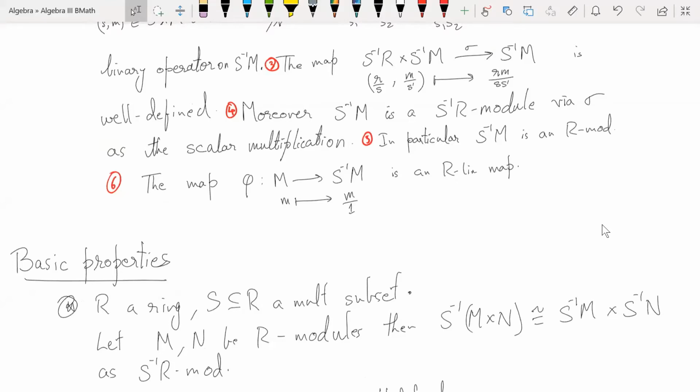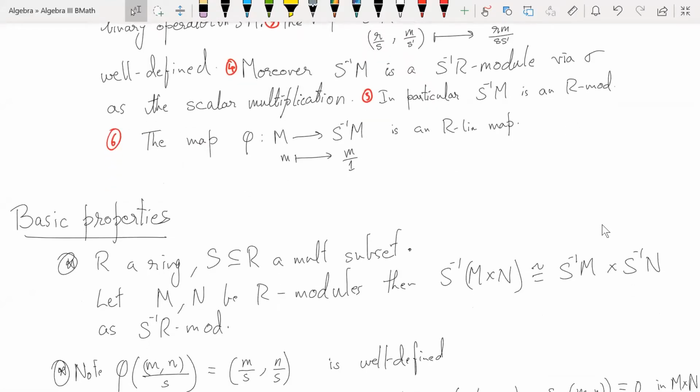So the first thing is that if you have a product of two modules, which is the same as the direct sum of two modules, then taking the localization of the direct sum is the same as taking the localization of each of these modules and then taking the direct sum, or direct product.